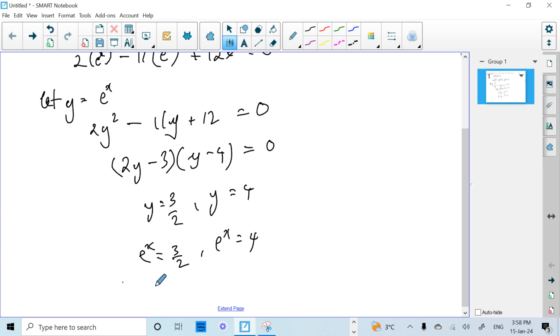And that means x must be equal to the natural log of 3 over 2, and the natural log of 4.